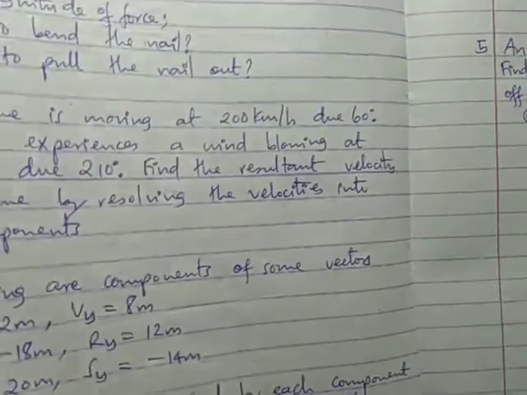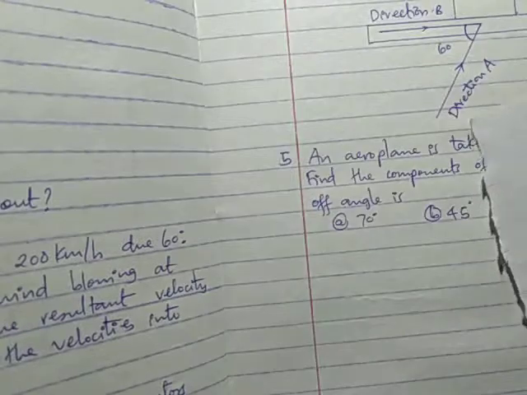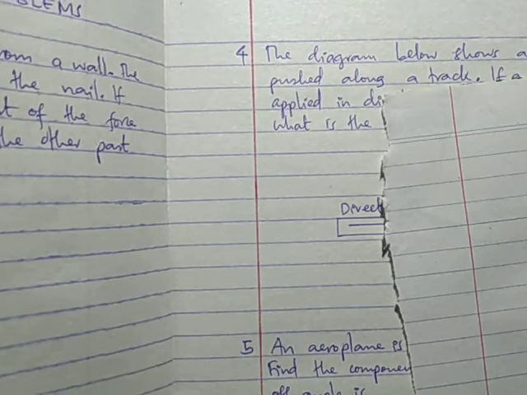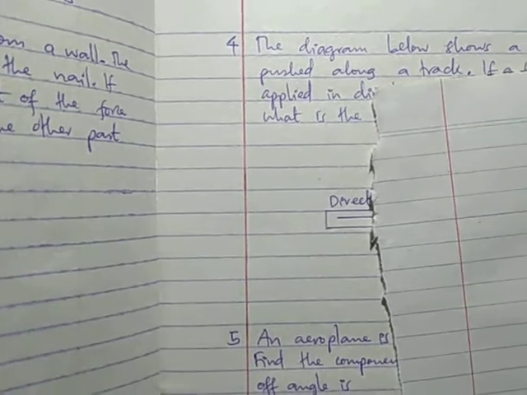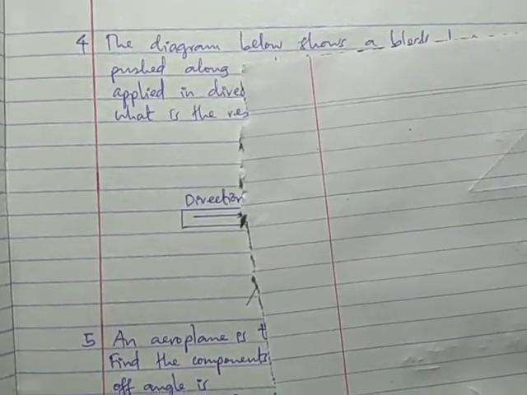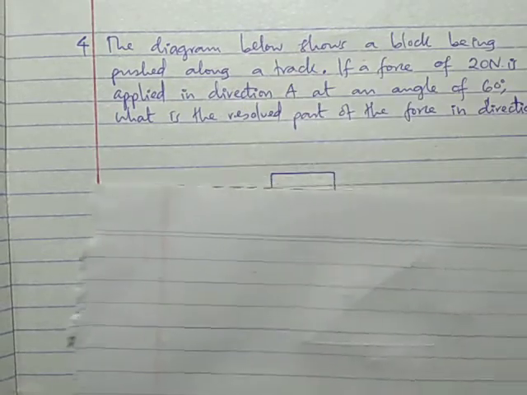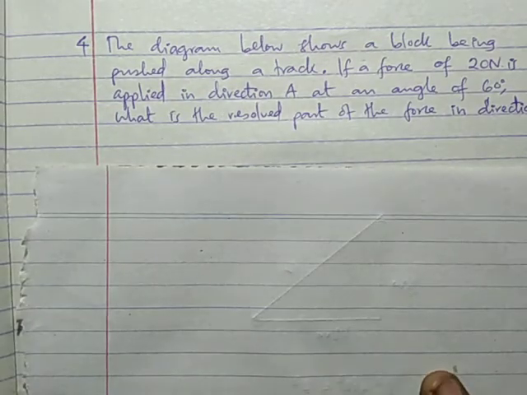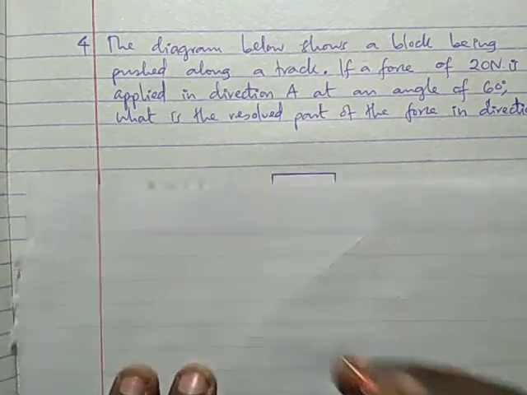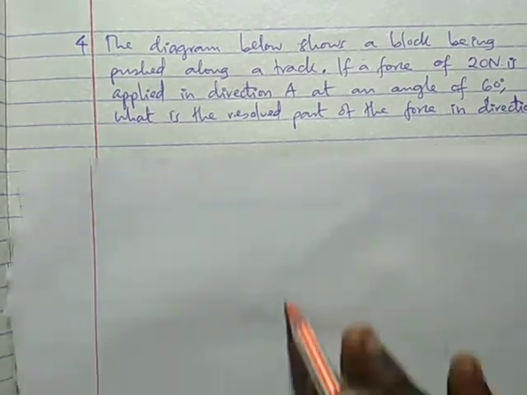And for the case of question 4, ambayo tulikuwa tumepewa diagram. Tukawa tumeambiwa kwamba the diagram below shows a block being pushed along a track. If a force of 20 Newton is applied in direction A. So direction A ni hiyo hapo.